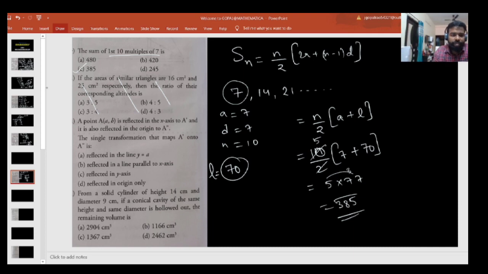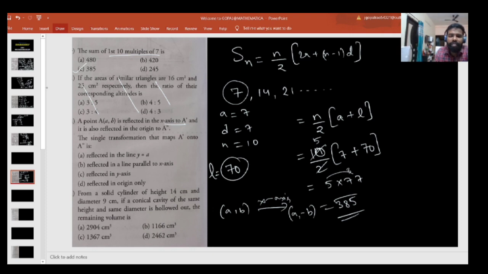Next, reflection. A point (a, b) is reflected in the x-axis and becomes A dash. So x-axis reflection means y is going to change. So we have (a, b) and this is reflected in the x-axis, so the sign of the y coordinate changes, that becomes minus b.